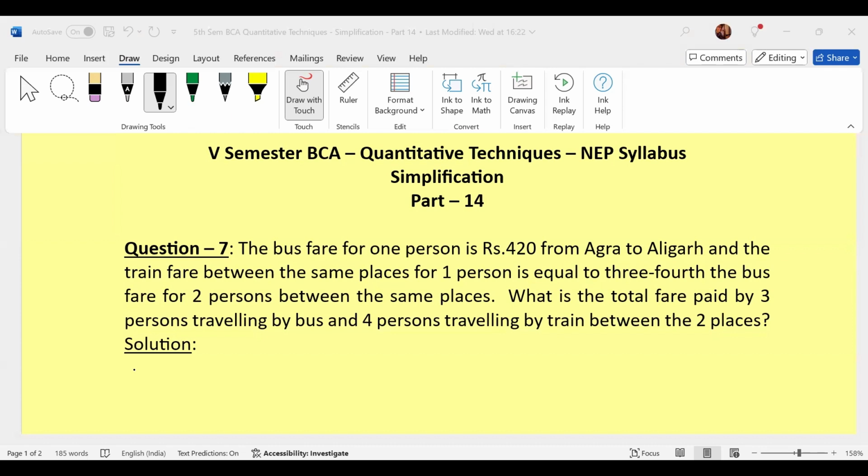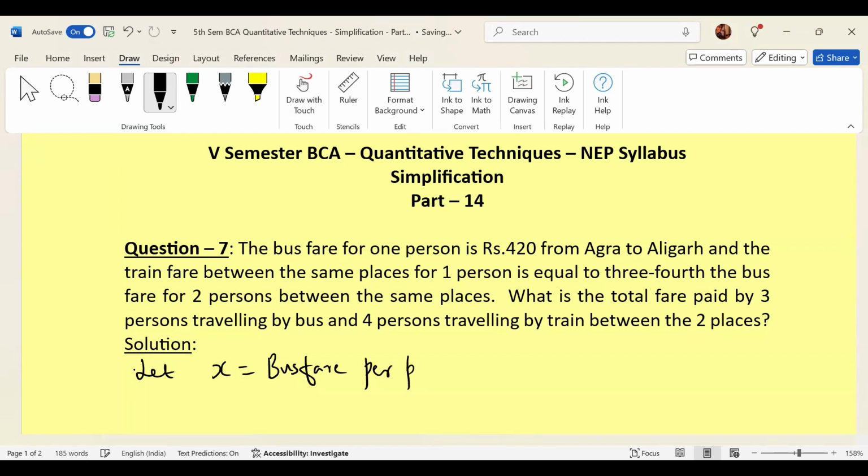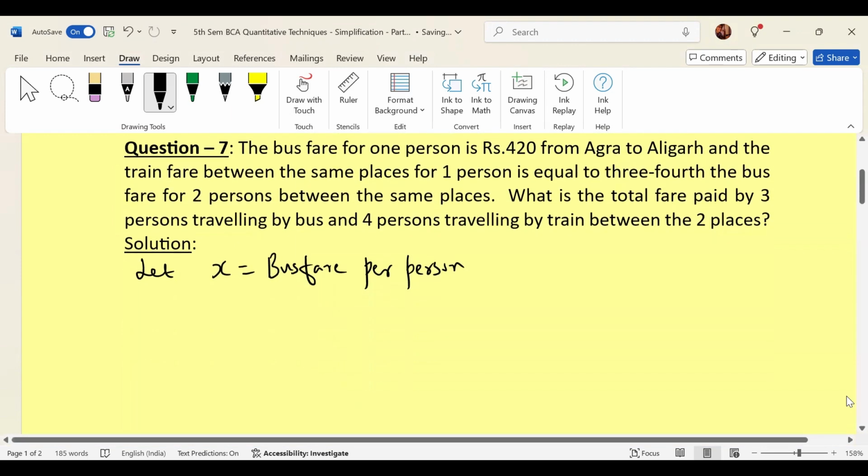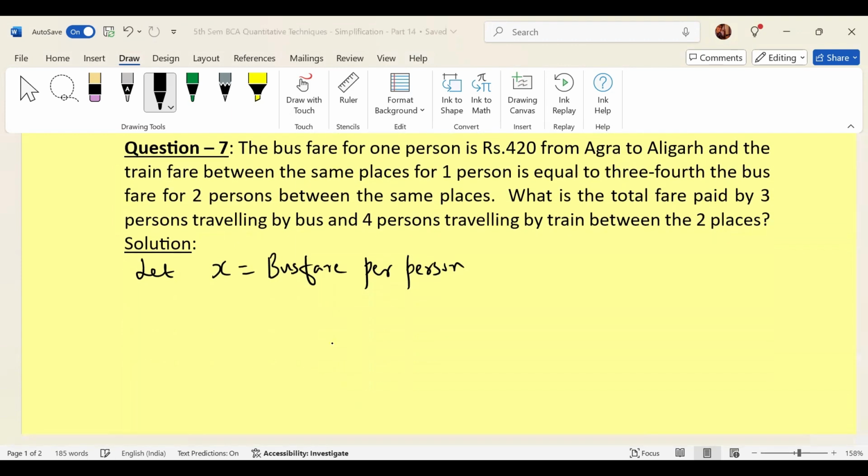we will first consider let x equal to bus fare per person. Then we will assume y as train fare per person. Here what is given?